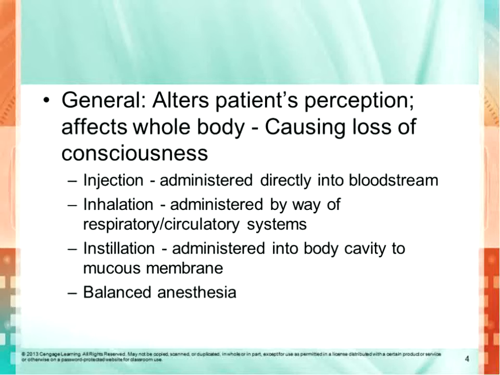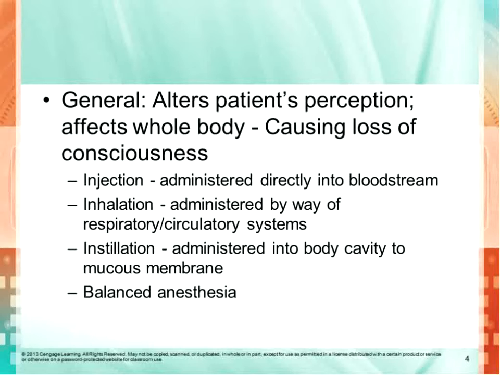One is general anesthesia, and with general anesthesia the person is not conscious. It alters the patient's perception, so they have a total loss of consciousness, and there are several ways that they administer general anesthesia. We just spoke about these a few seconds ago on the slide.